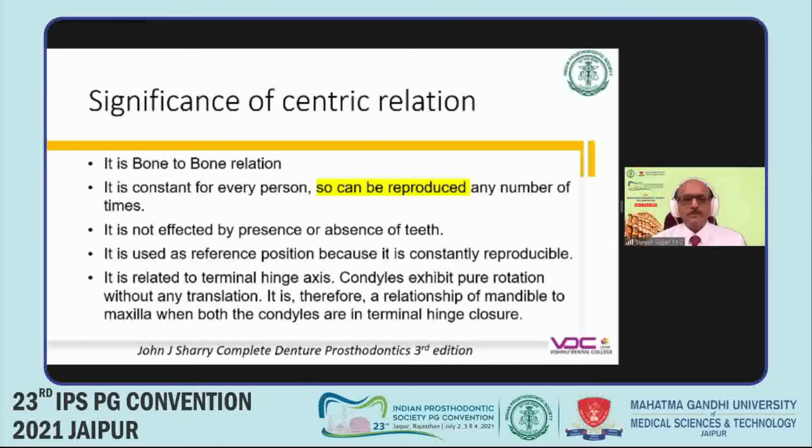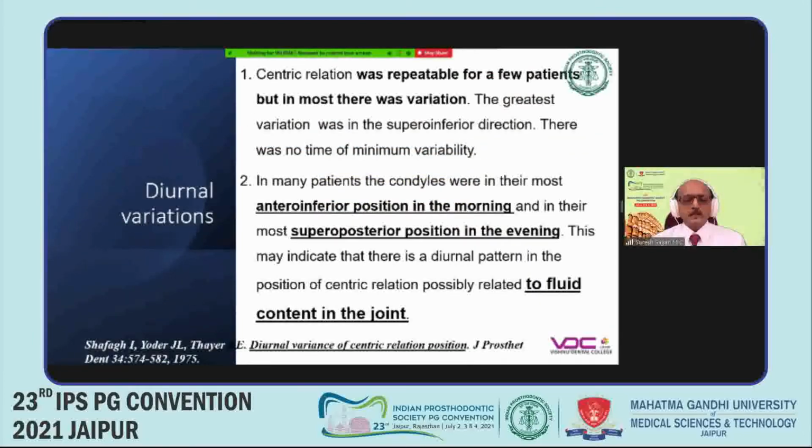So that was the problem that they were facing. And then they finally said, no, it is not related to the presence or absence of the teeth, because it's a condylar position. So we have to relate it only with the condyle. And it's a reference position because the movements start from here, and it's related to the terminal hinge axis and things like that. Well, let us see some other points related to the centric relation.